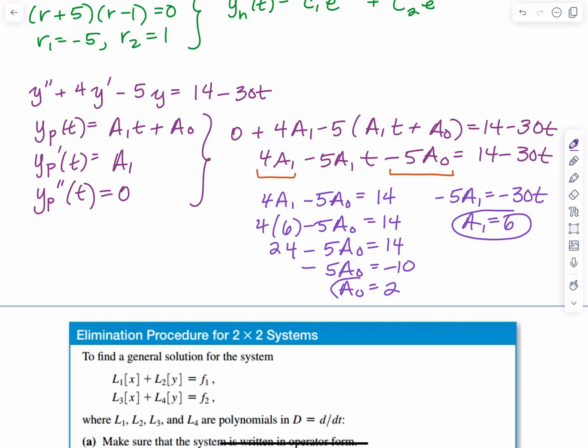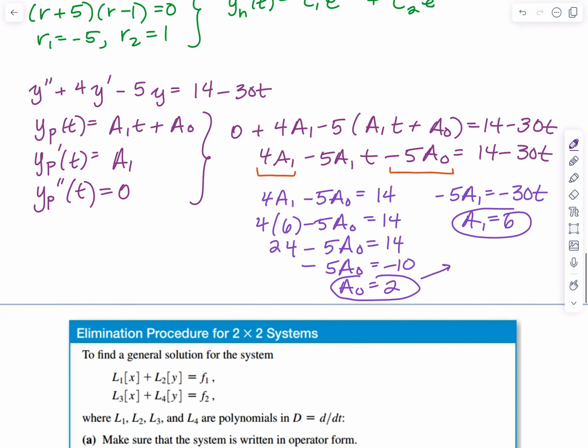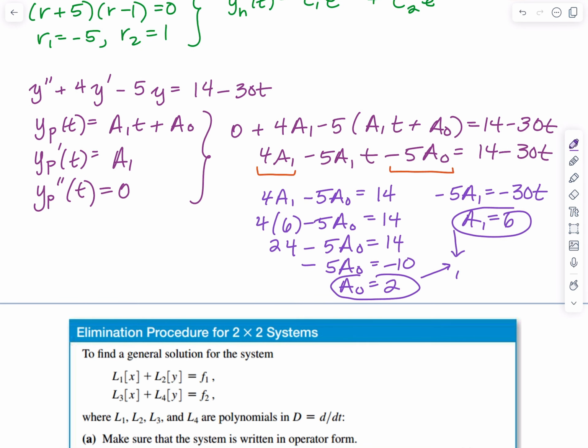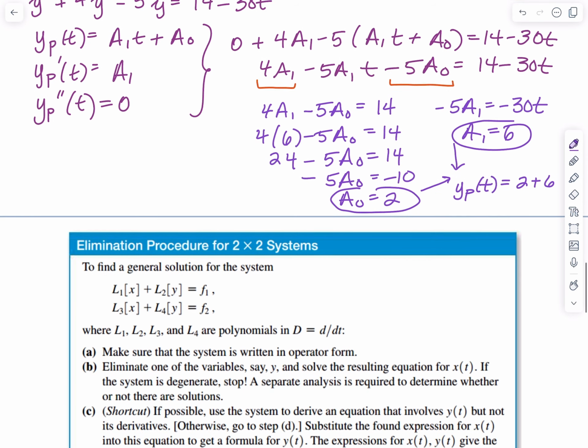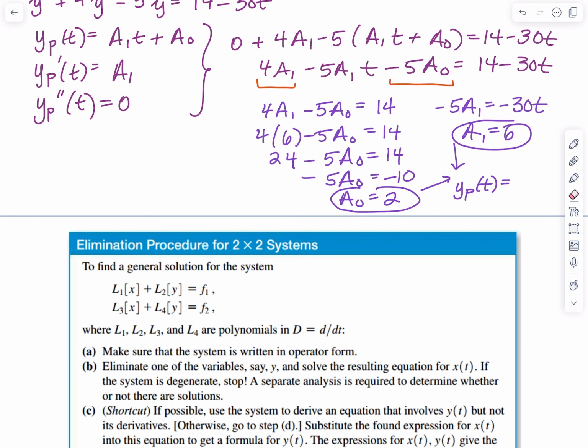So with that, we have that, and let me put that over here to the right, yp of t is equal to 6t, and we had our a naught, which is 2.